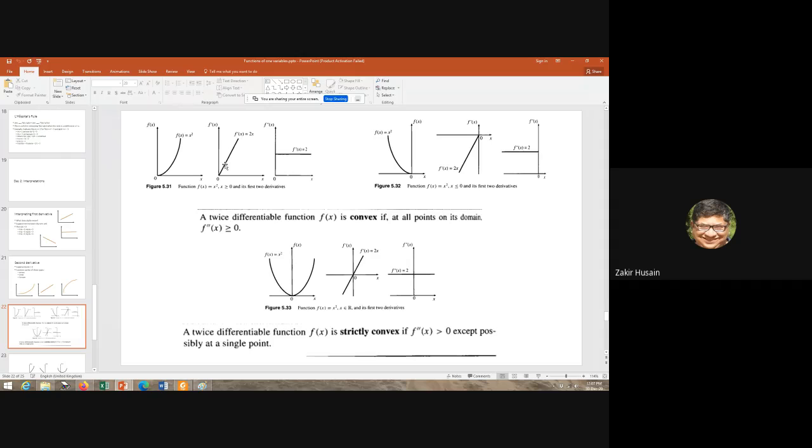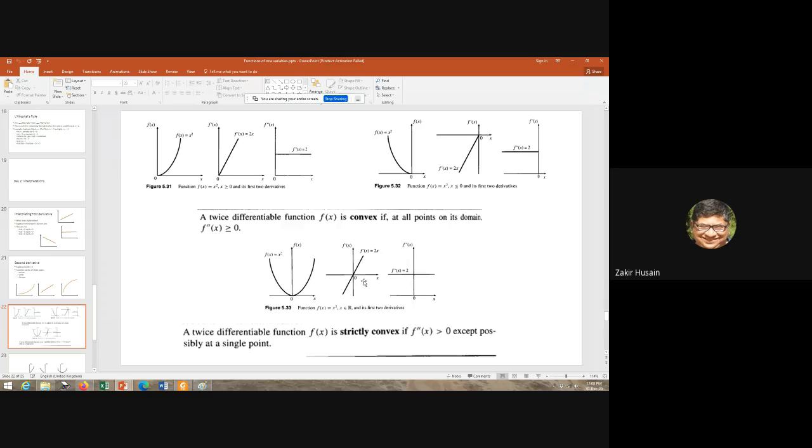Okay. So you can see that this is f prime x. This is always positive. Second derivative is constant. Second derivative is also positive. Right. So if the second derivative is positive, the function will be convex. See, this is also convex.